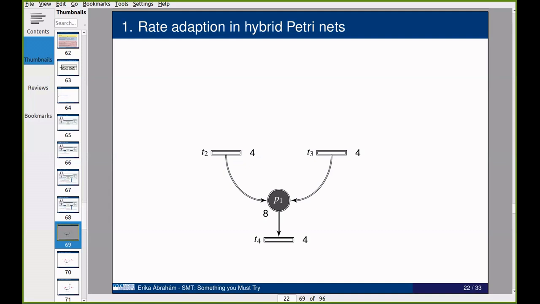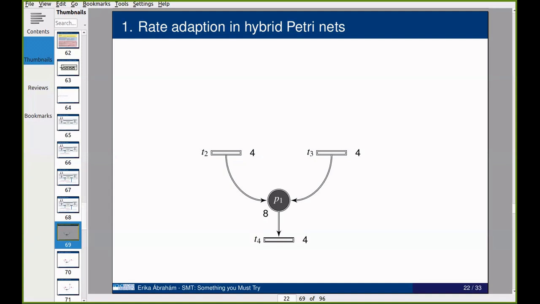Now in hybrid Petri nets, actually this example I show is a continuous Petri net. We move from the discrete to the continuous. So now the transitions, you can imagine them as pipes leading a fluid from one place to another. There are sources, where something just comes in from nowhere.